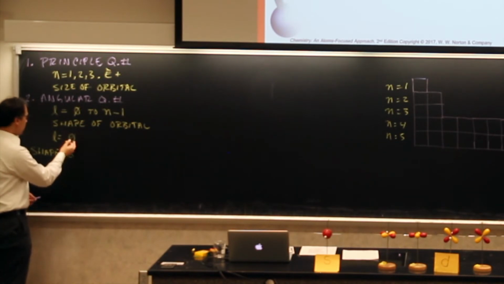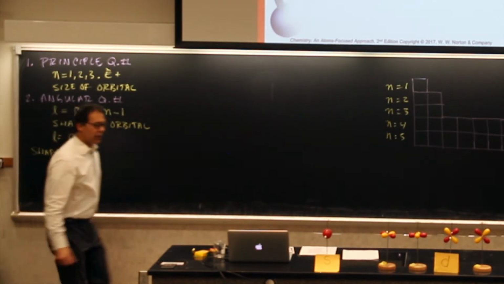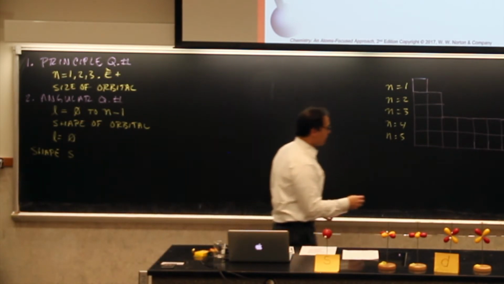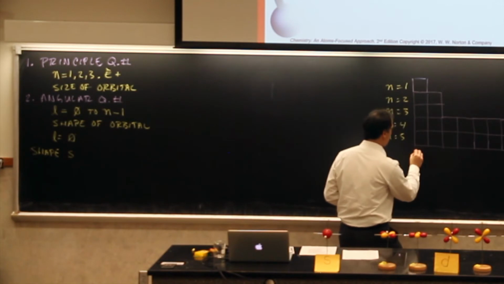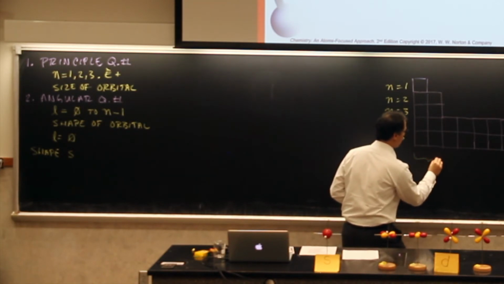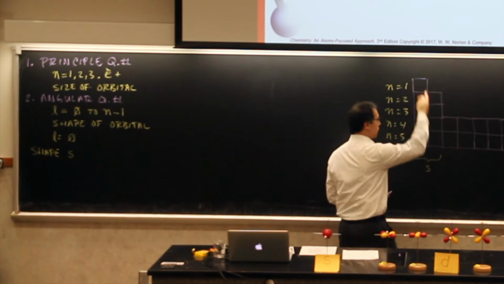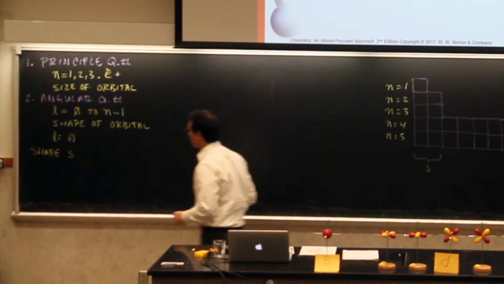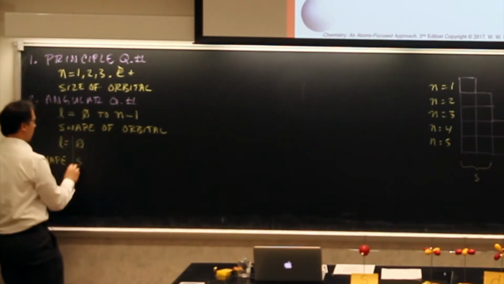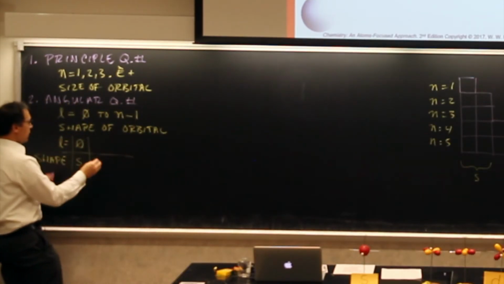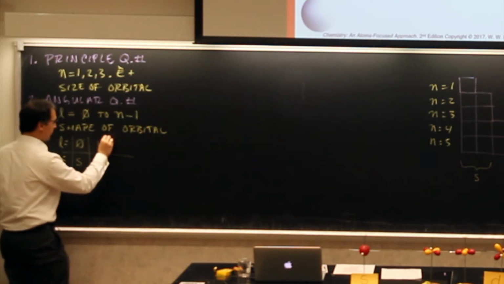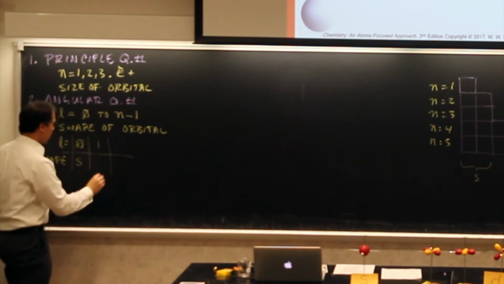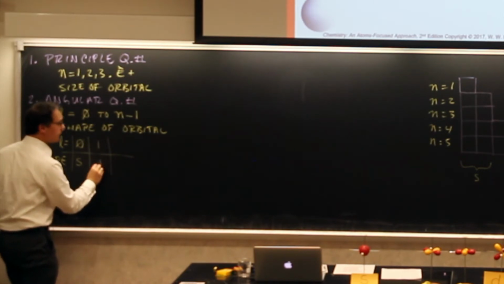So if L is equal to 0, that's an s orbital. Okay, that would be an s orbital like this. And where do we find these on the periodic table? On our periodic table, our s orbitals are going to be here. These first 2 groups would be our s orbital. Now, if L is equal to 1, then that would be a d orbital.